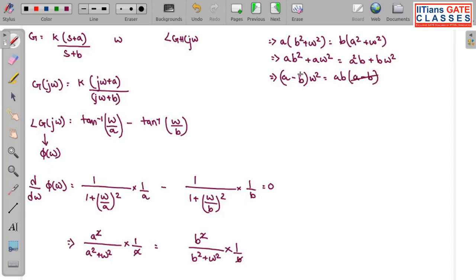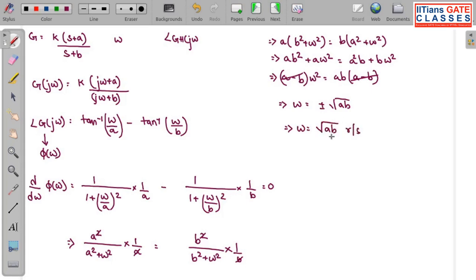I can cancel out a minus b. So omega is equal to plus or minus the square root of ab, and negative angular frequency is not possible. So omega is equal to the square root of ab radian per second.